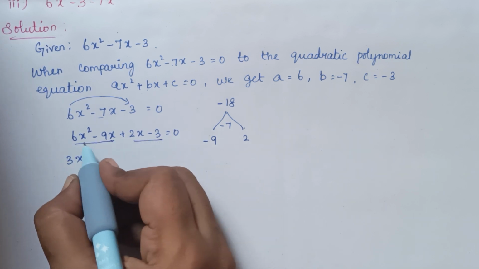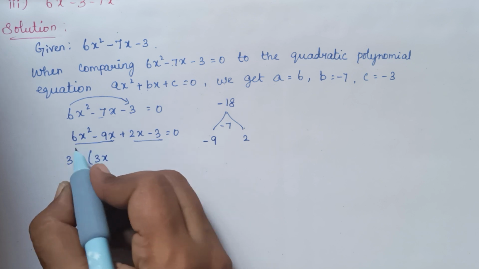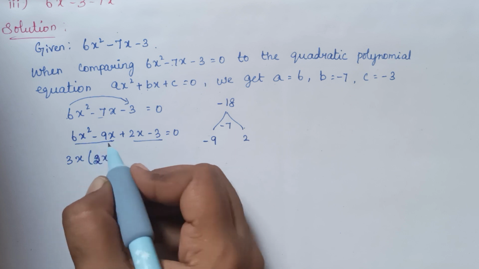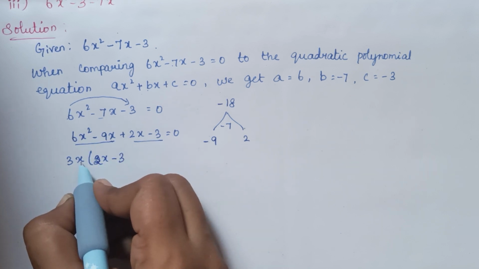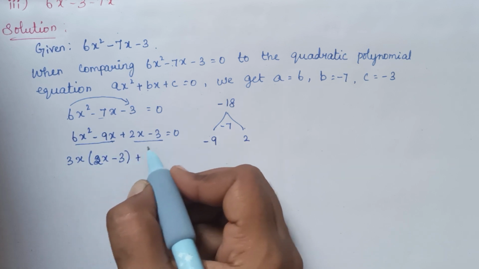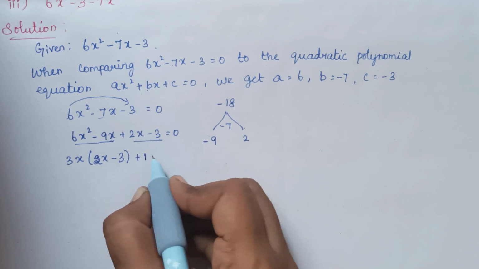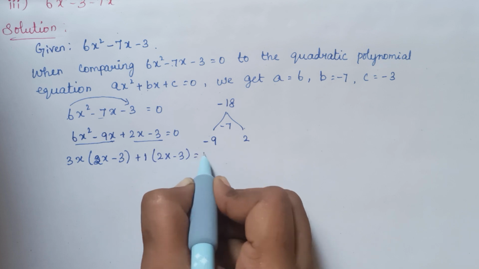Remaining 3x will be there. Okay, sorry, 2x. 2x will be there. Next, minus 3. So already x is outside. 3 3s are 9. Plus here. So nothing is there to take common. So we can take 1 as a common. Next, 2x minus 3 is equal to 0.